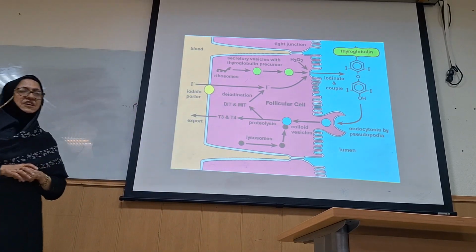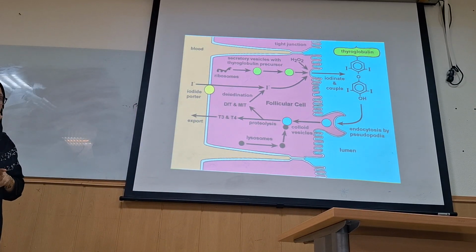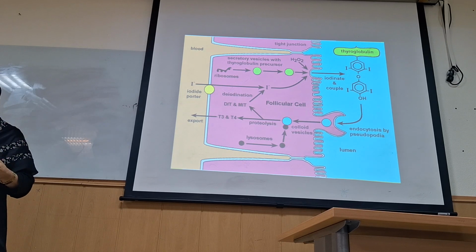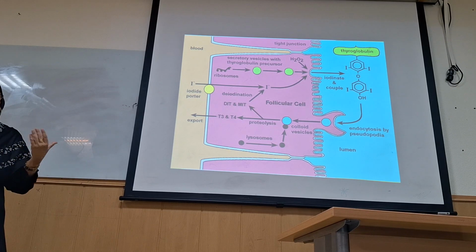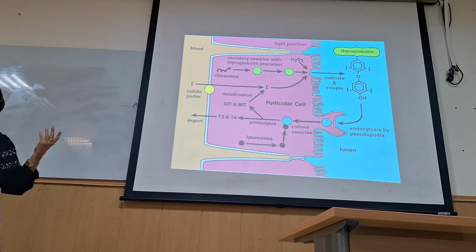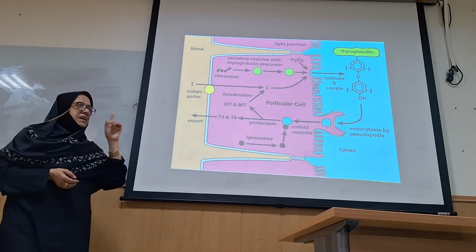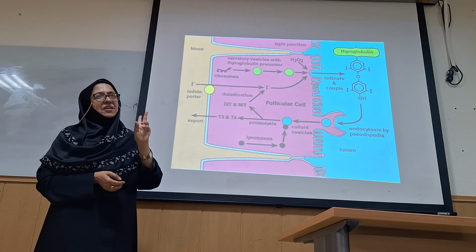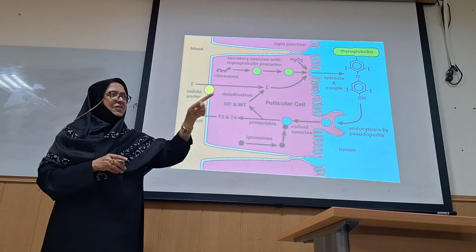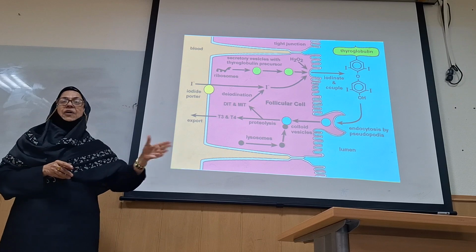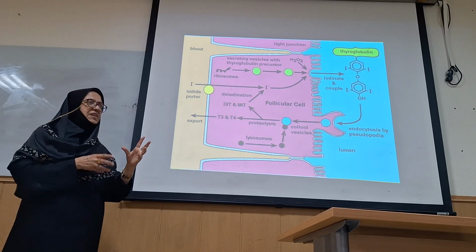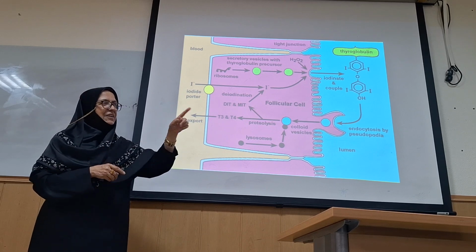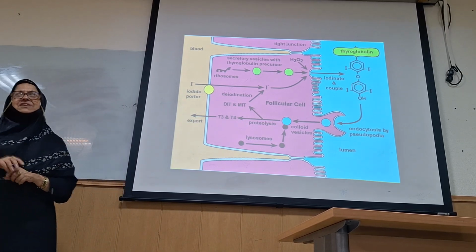DIT is diiodotyrosine. MIT is monoiodotyrosine. If we need T4 and T3 and reverse T3, maybe two DIT molecules combine together and convert to T4. If we need T3, one molecule DIT converts to MIT and converts to T3.